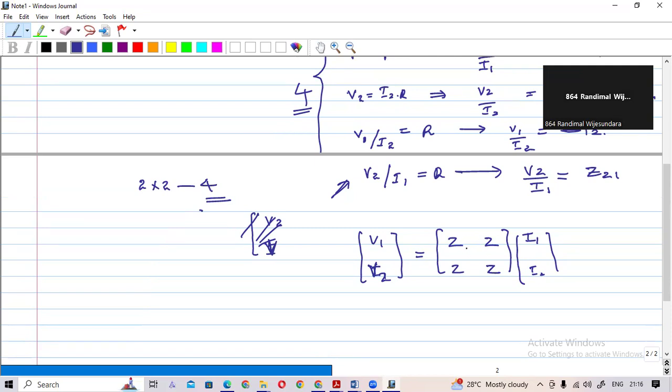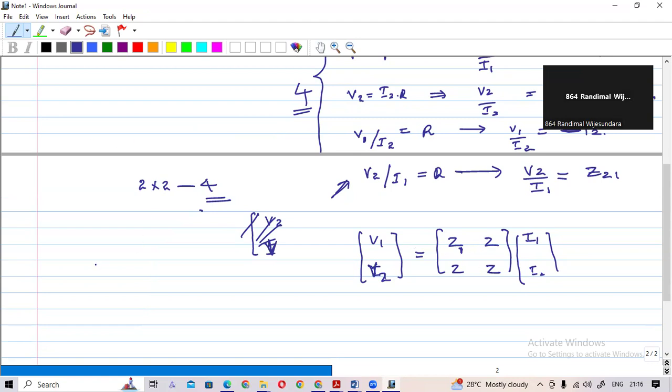So there are four parameters, and this is a matrix.